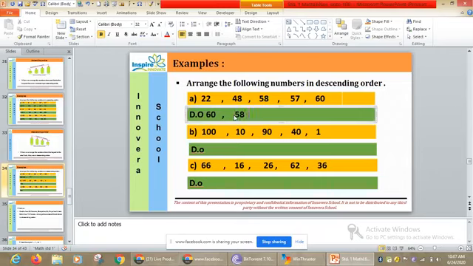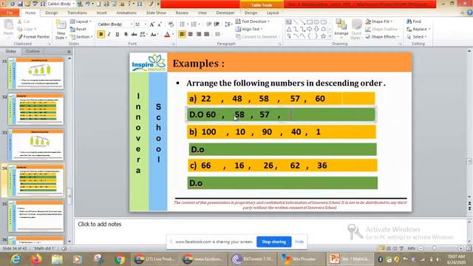After 58, what will come? 57. After 57, this is the next number. The next number is 48.